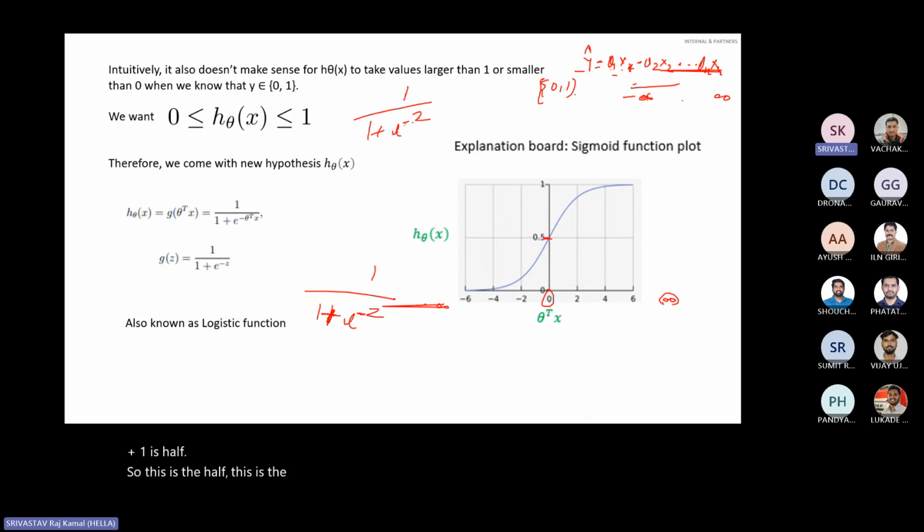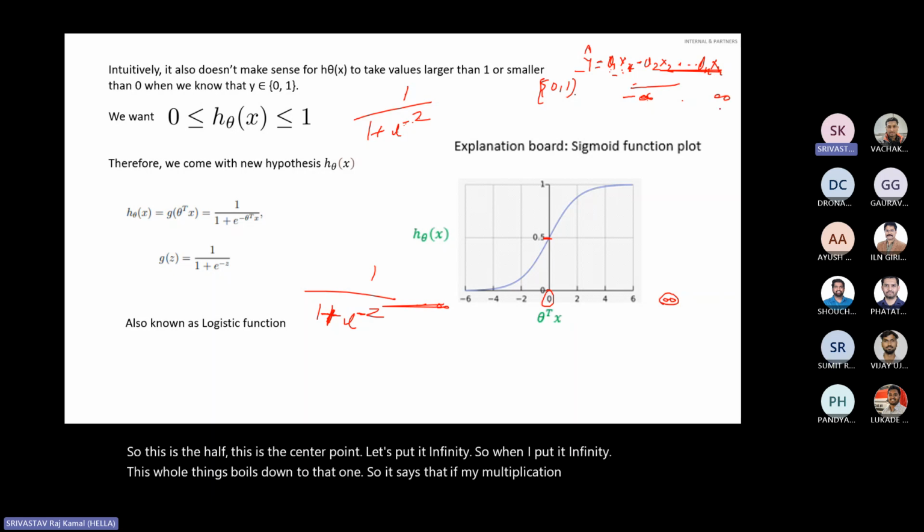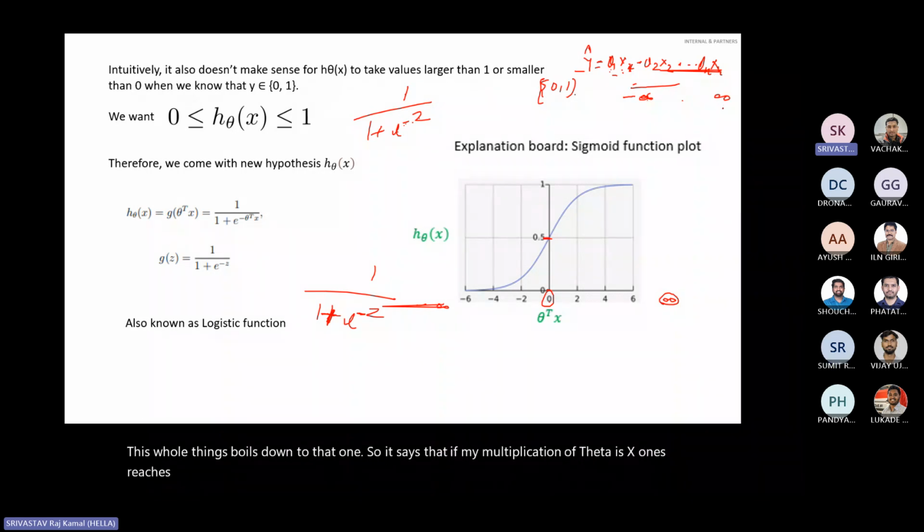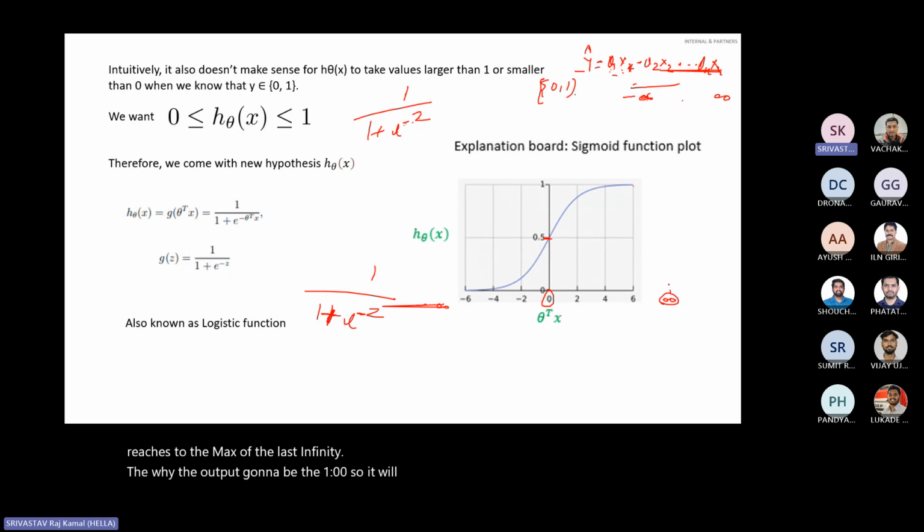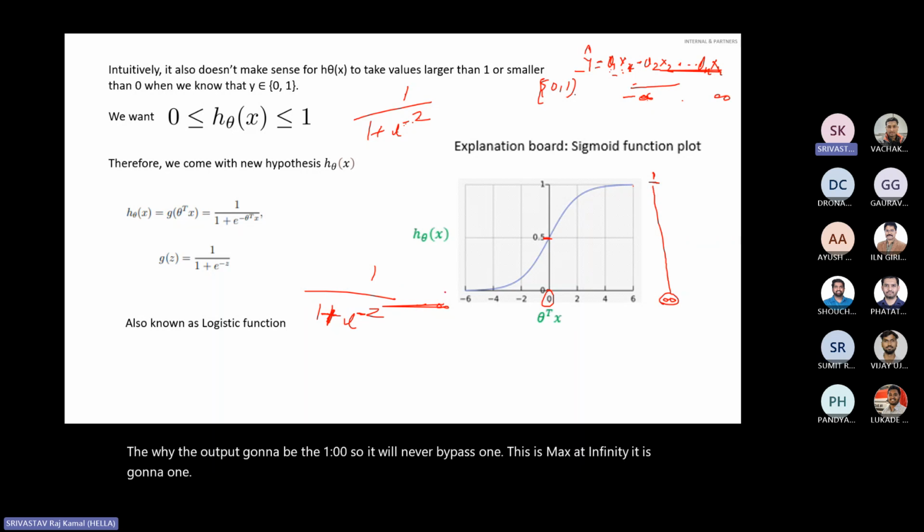Let's put infinity. When I put infinity, this whole thing boils down to 1. So if the multiplication of theta and x1 reaches the max of infinity, the output is going to be 1. It will never bypass 1. At minus infinity, it is going to be 0.